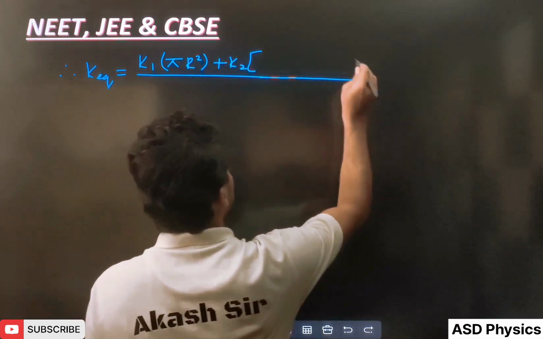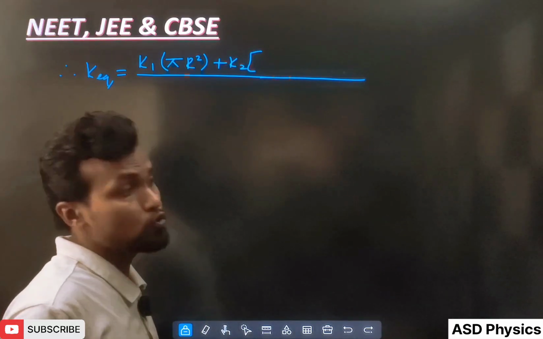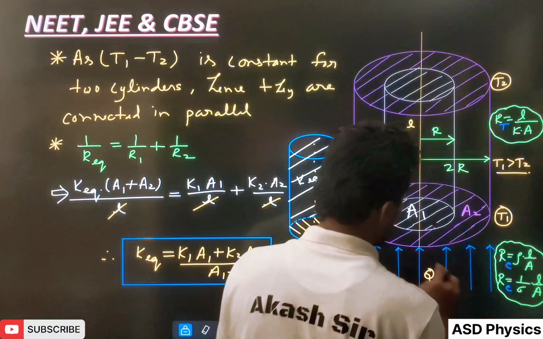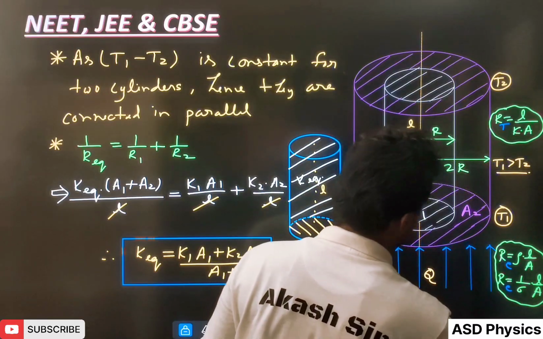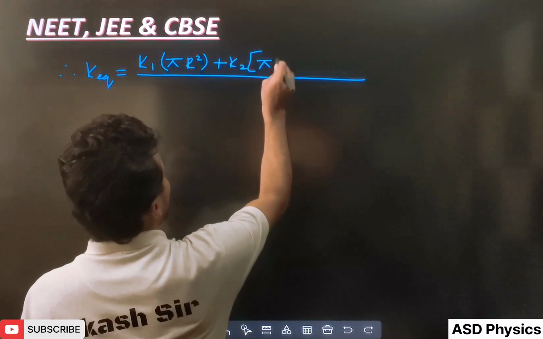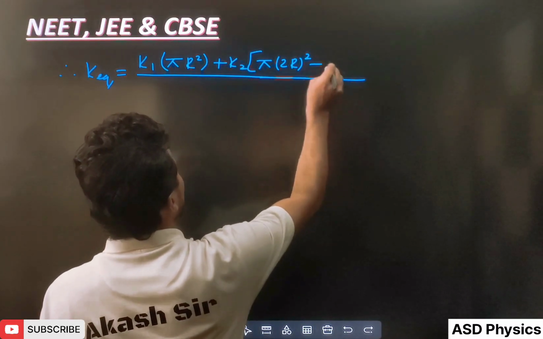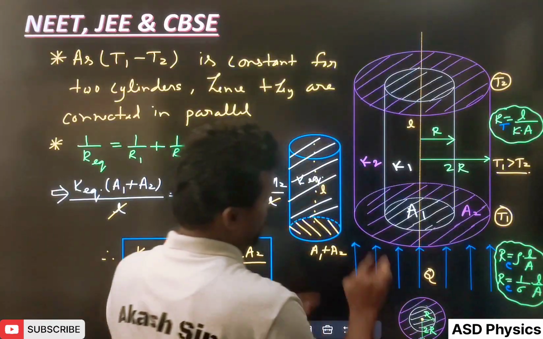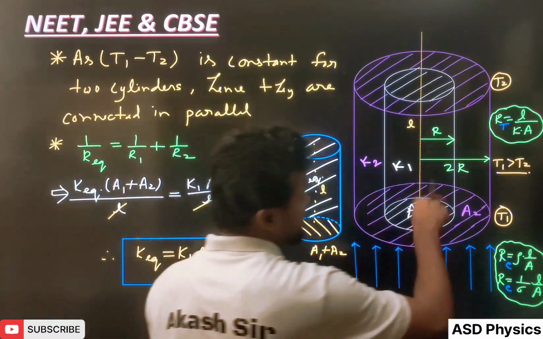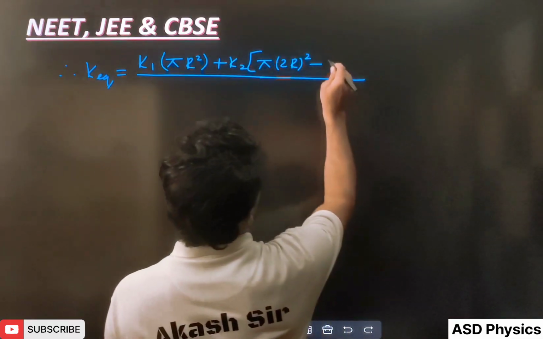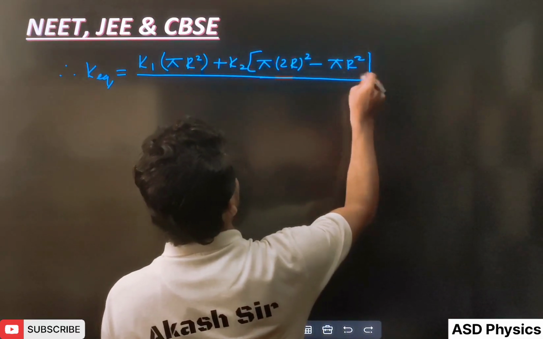To get the pink color area, first we have to get the total area. The radius is 2R, so we write pi into 2R whole square, minus, from this overall area we subtract the white color area, pi R square, and then we get the pink color area.